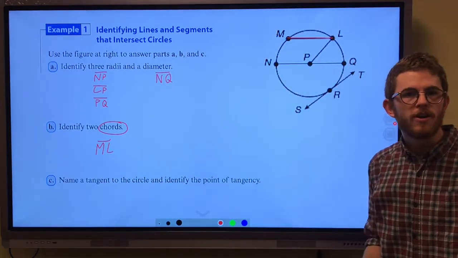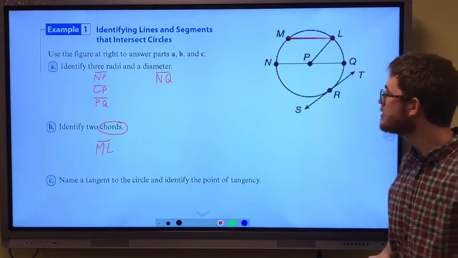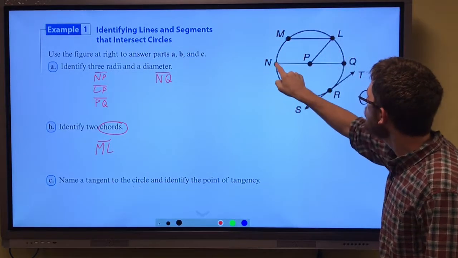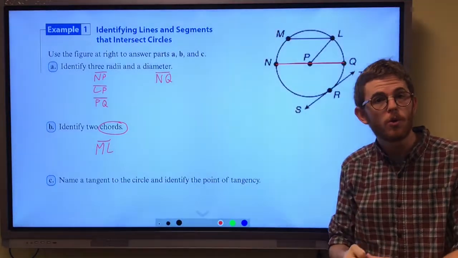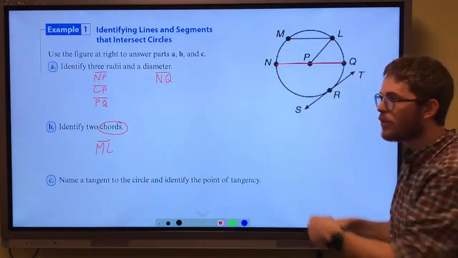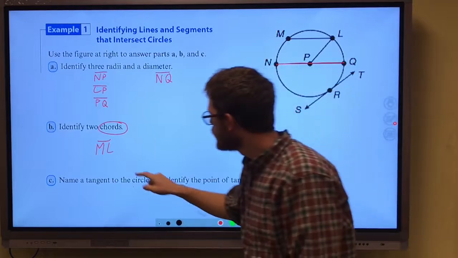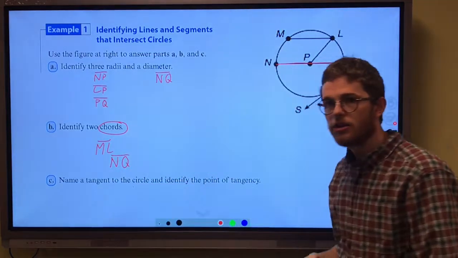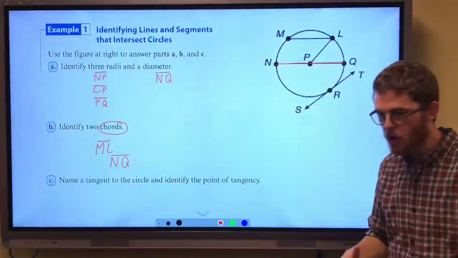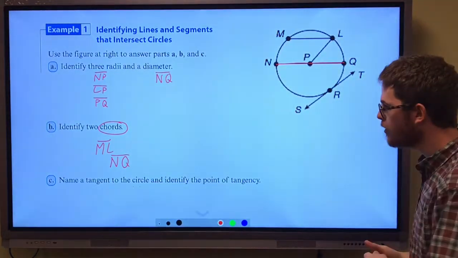But what a lot of people forget is that NQ, even though it's a diameter, it's also a chord. It has both endpoints on the circle. So also NQ is a chord. Okay, so a chord, any segment with endpoints on the circle.